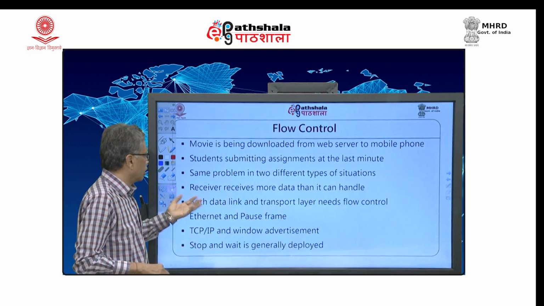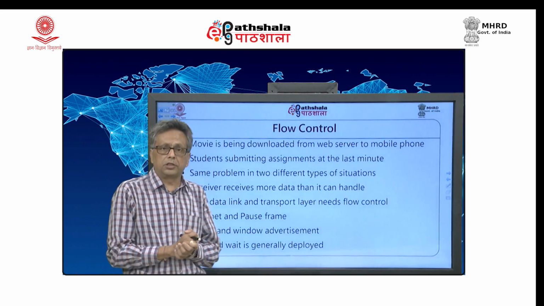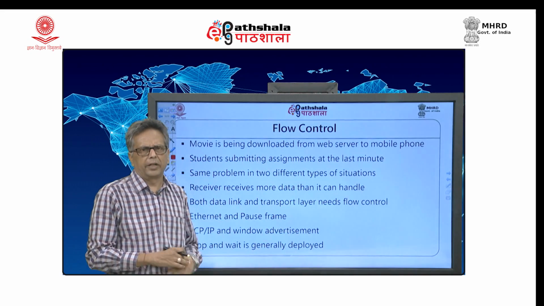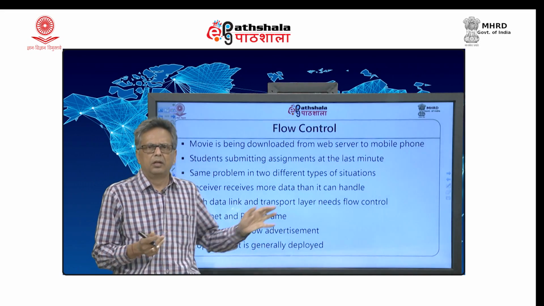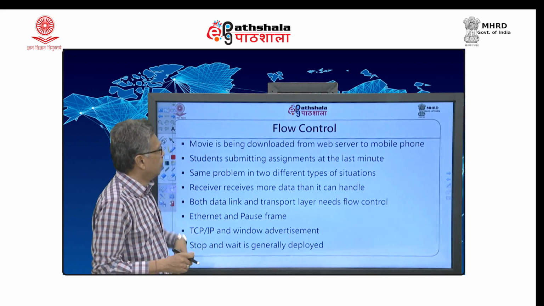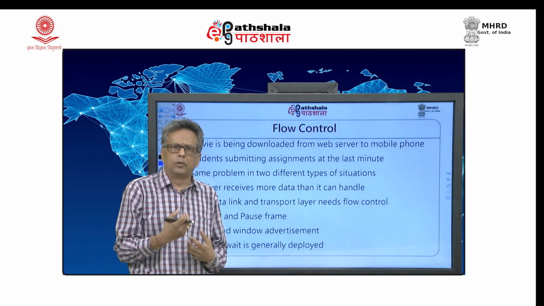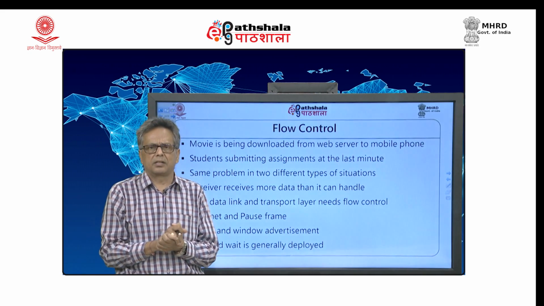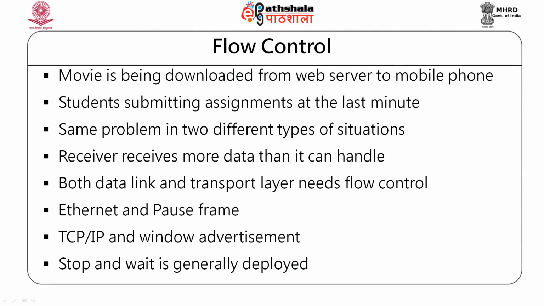Flow control is one more thing which I discussed earlier. I am just going to recap what flow control is, how flow control happens at this layer. There are two cases: a movie is being downloaded from a web server to mobile. My mobile is not all that fast. So, a fast sender, slow receiver is one problem.